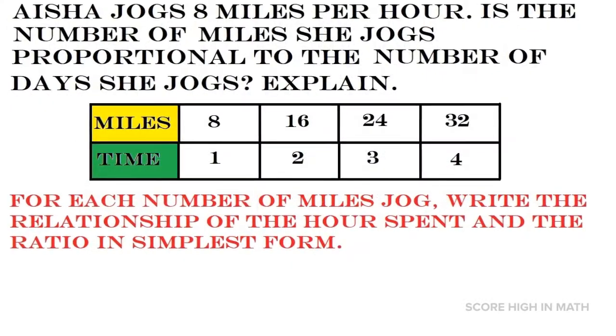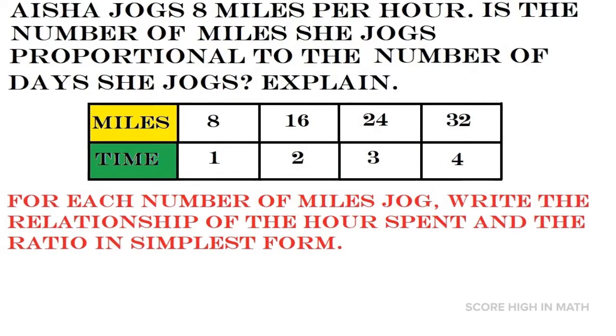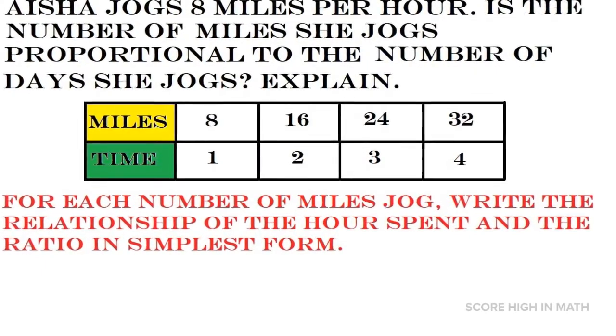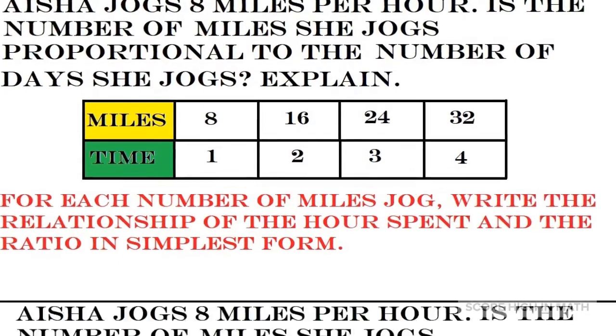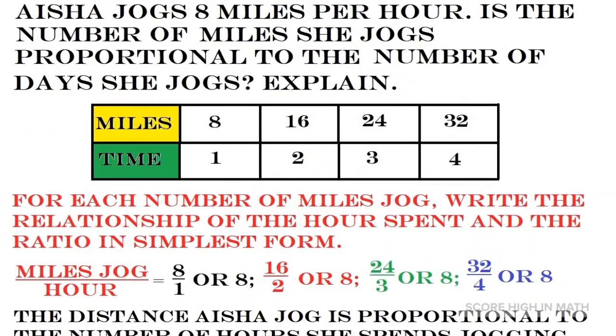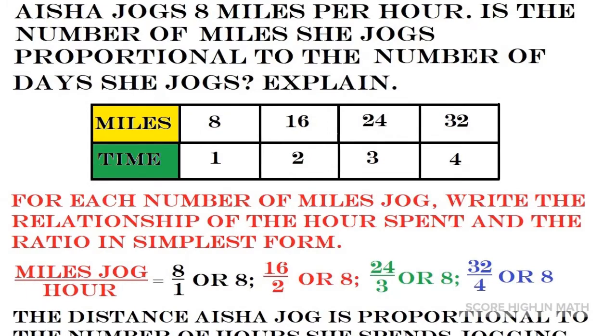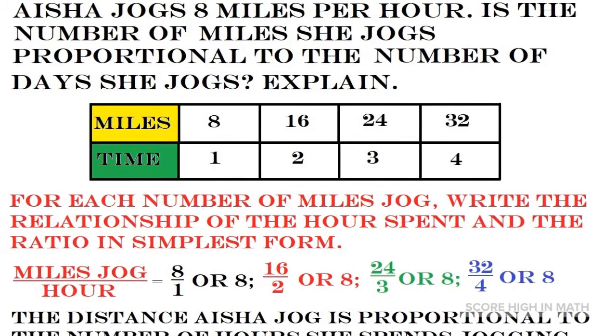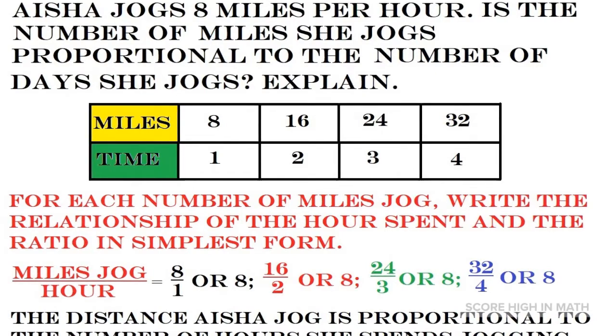Currently, for each number of miles Aisha jogs, we're going to write the relationship of the hours spent and the ratio in simplest form. Writing the ratio miles jogged per hour, starting from the first column, 8 over 1 is equal to 8.